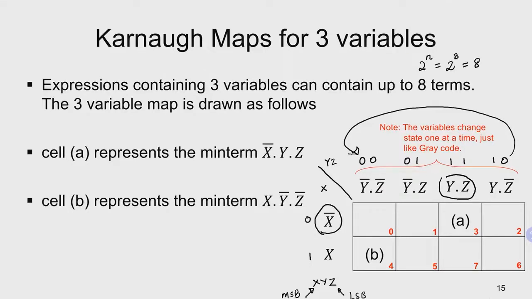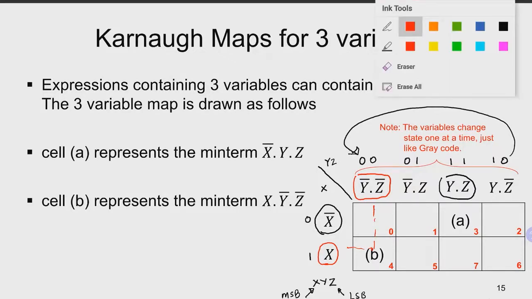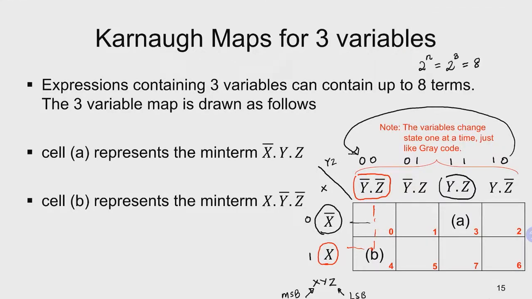And for cell B, we have x, y bar, z bar. Okay, so that is the relationship between the minterm and the location on the K-map.